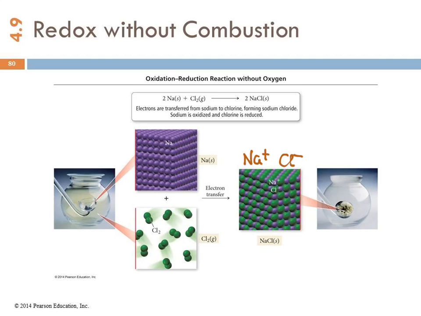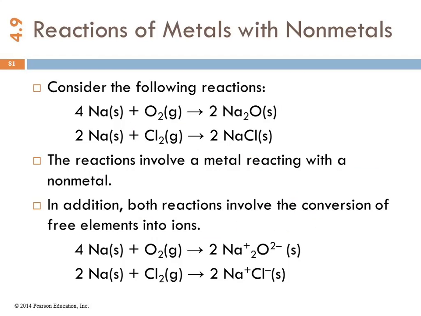It loses an electron. Where did the electron go? To the chlorine. So there was a transfer of electrons. The sodium atom transferred an electron to the chlorine atom, and they both became ions and became a compound. And that's the sort of thing that happens in a redox reaction.